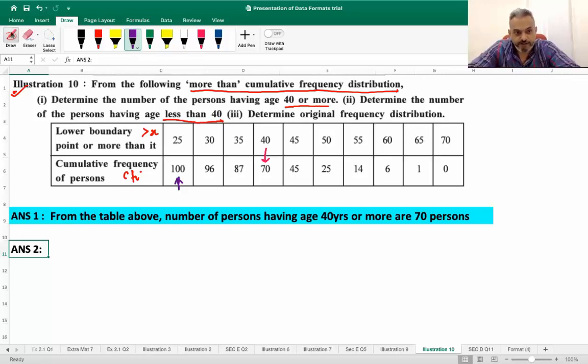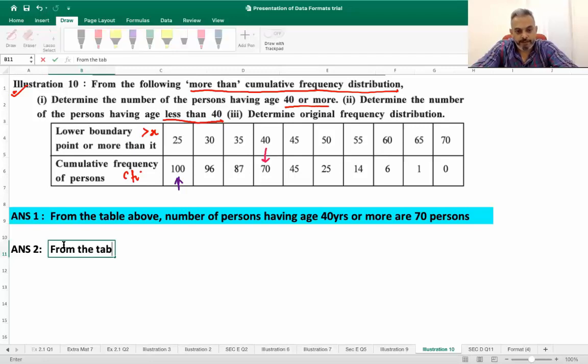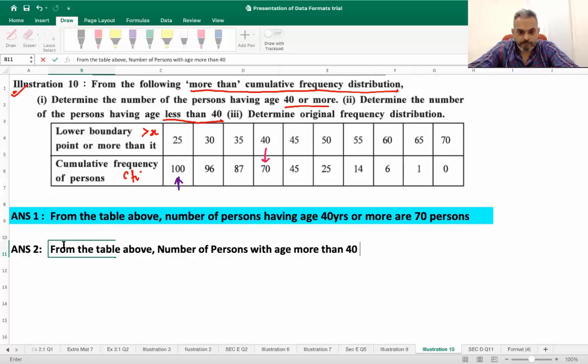So let's present this from the table above. Number of persons with age more than 40 years. Age, we write like this: age 40 years or more is equal to 70 persons out of total 100 persons.